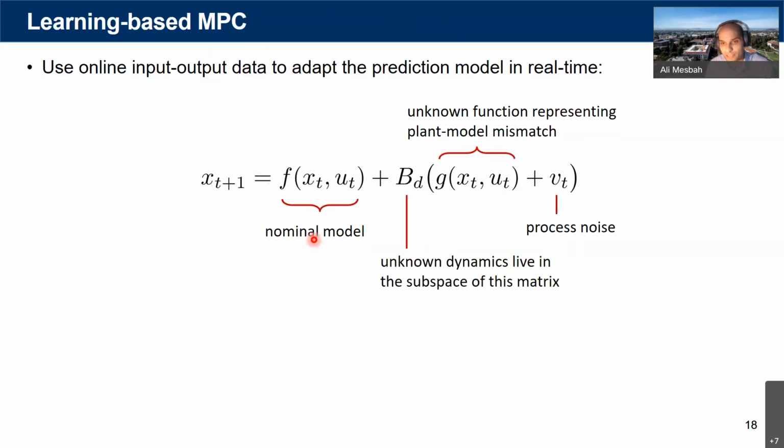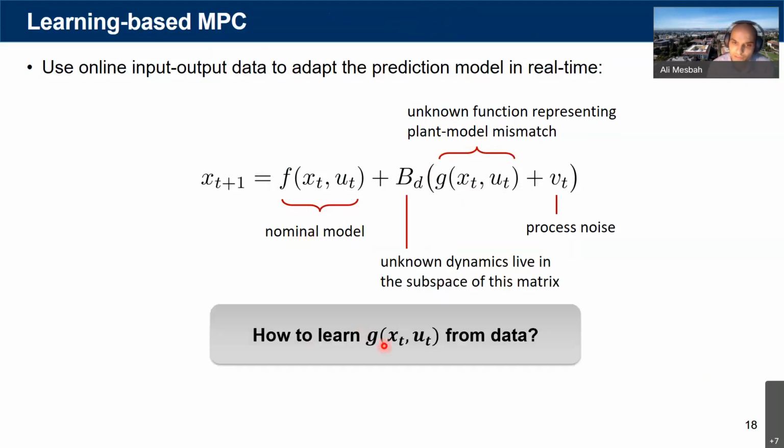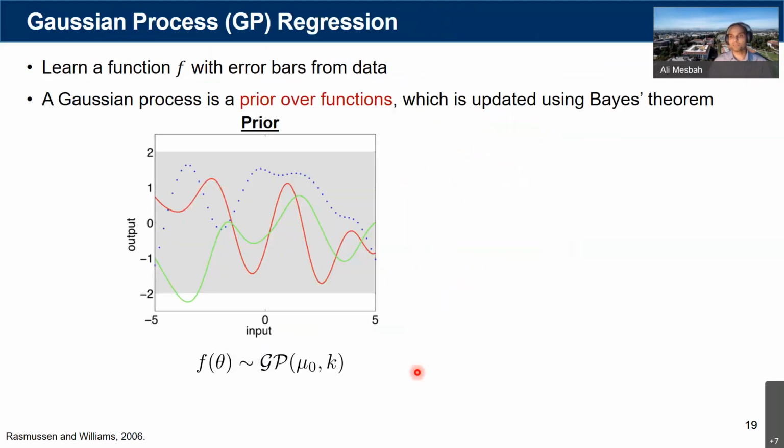The key question is how to learn this state-dependent uncertainty term, or plant-model mismatch term, from data. And it turns out that Gaussian processes provide a very flexible and useful framework for learning state-dependent uncertainties in the context of learning-based control.